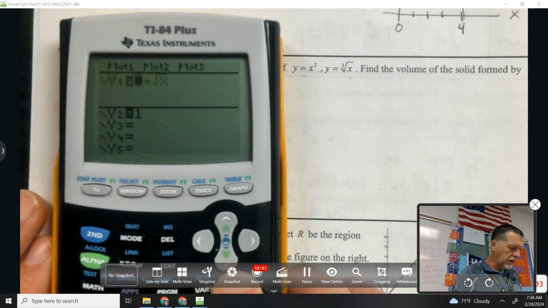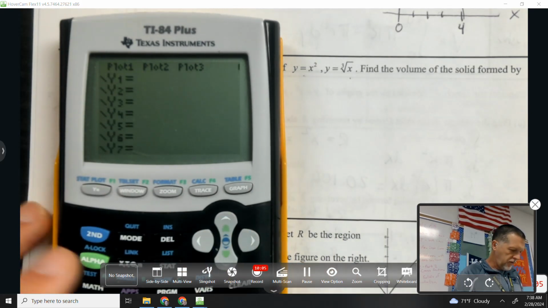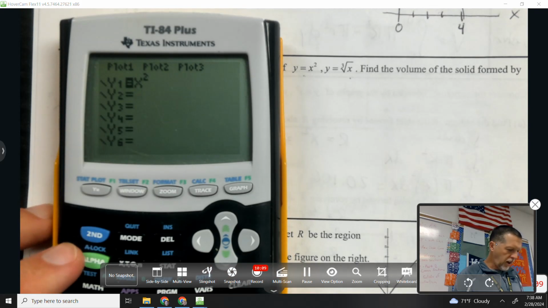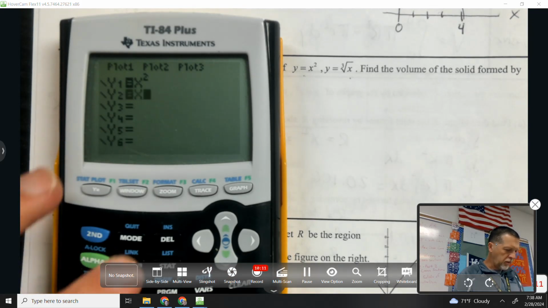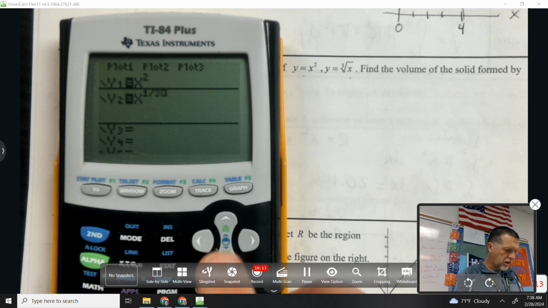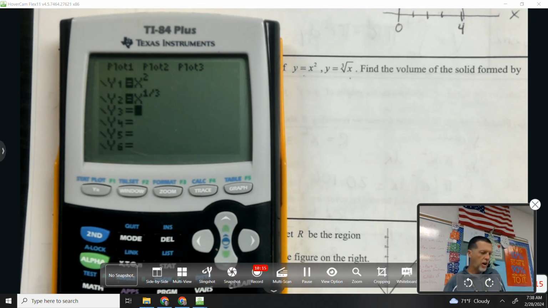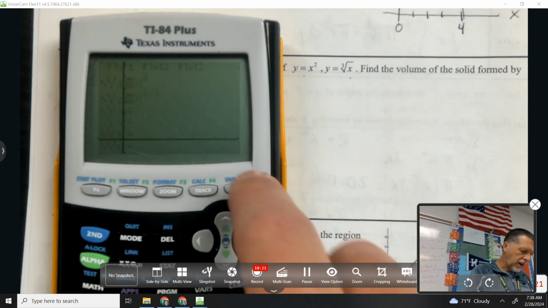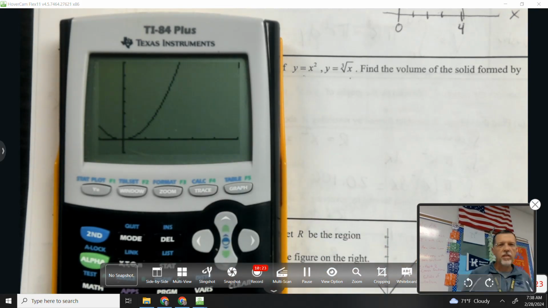Let's graph what we know here. X squared. Cube root of x. I think there's a cube root button, but I'm just going to do x to the 1/3 rather than trying to remember where the cube root button is. X squared, cube root of x. So there's x squared.